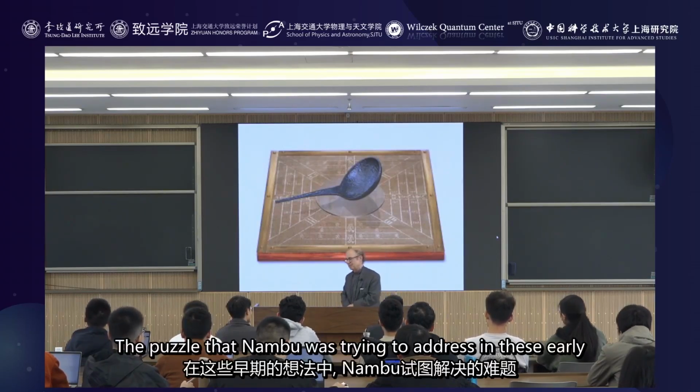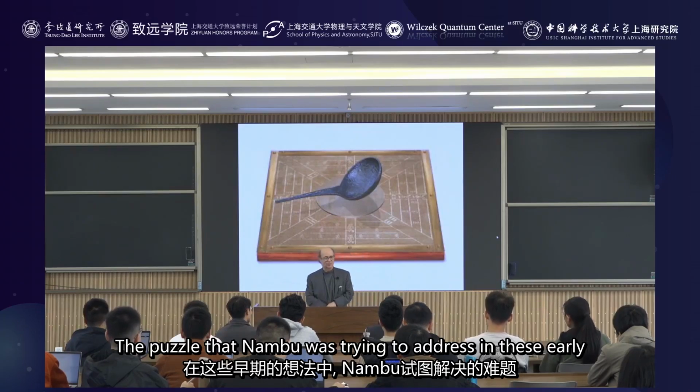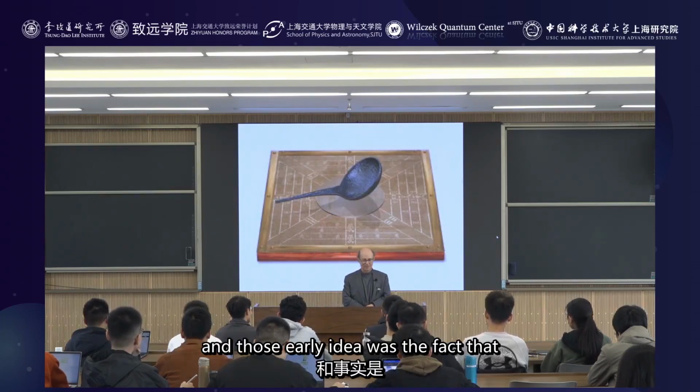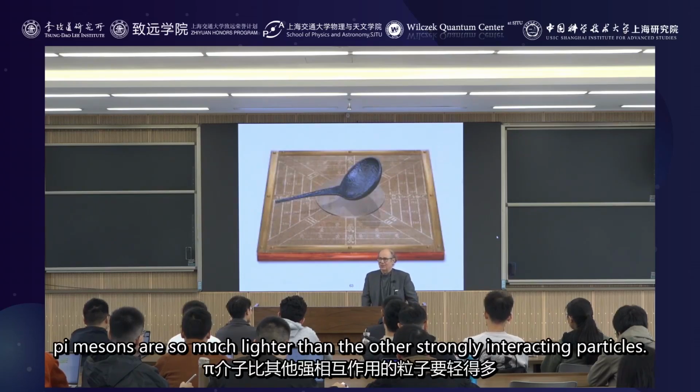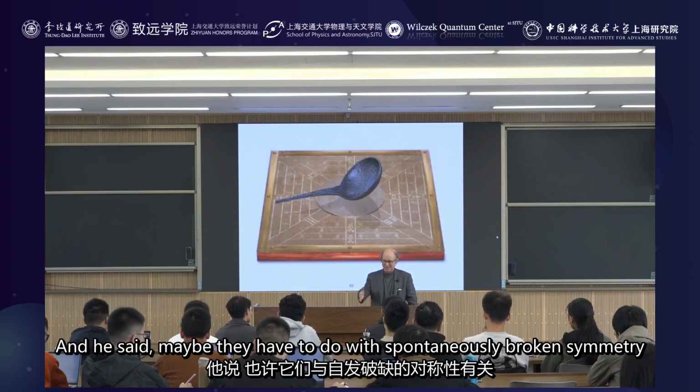The puzzle that Nambu was trying to address in those early ideas was the fact that pi mesons are so much lighter than the other strongly interacting particles. And he said that maybe they have to do with spontaneously broken symmetry.